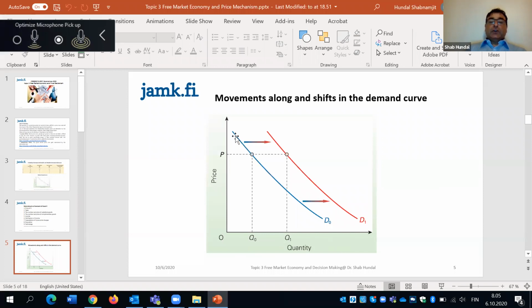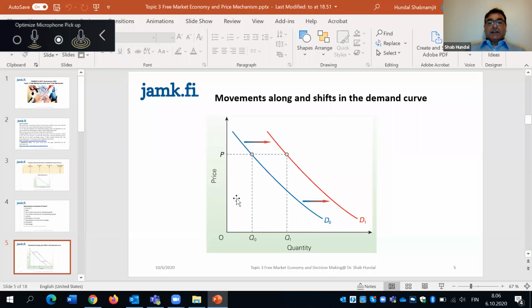And if you focus only on the blue line, don't see anything else, just the blue line, it confirms the law of demand. It says that ceteris paribus, other things being equal, there is an inverse relationship between price and demand. In other words, if the price is up, the quantity demanded is low.